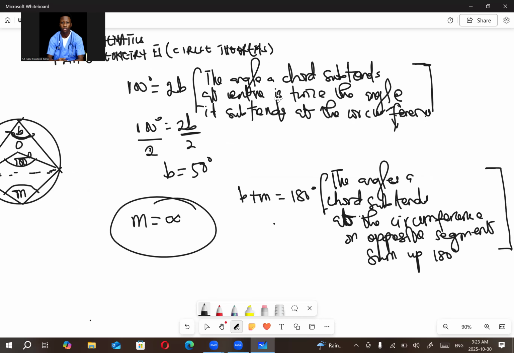So B is already found as 50, plus M, which is what you're looking for, equals 180 degrees. M is equal to 180 degrees minus 50. M is equal to 130 degrees.